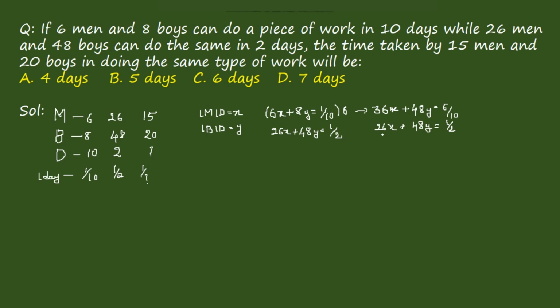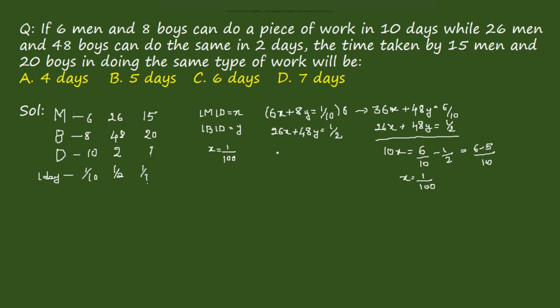Subtracting, we get 10x is equal to 6 by 10 minus 1 by 2, which is equal to 6 minus 5 by 10. Then x is equal to 1 by 10 divided by 10, which becomes 1 by 100. So we got the value of x, which is 1 by 100.